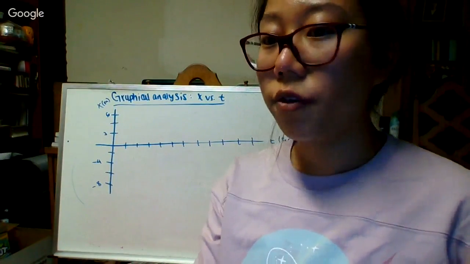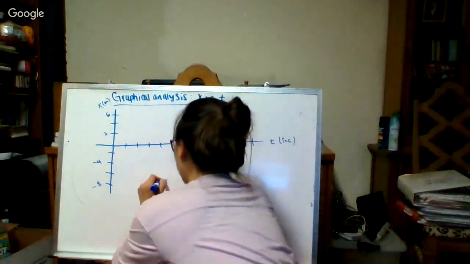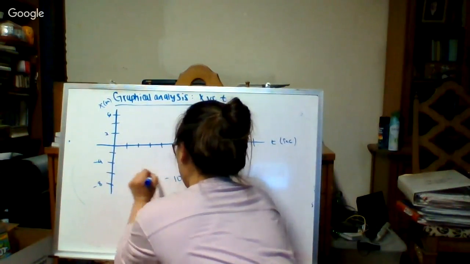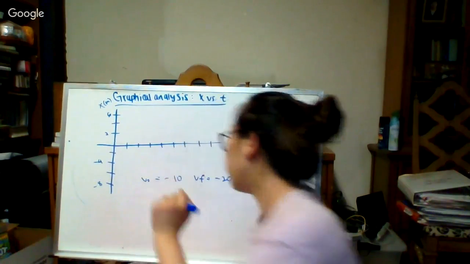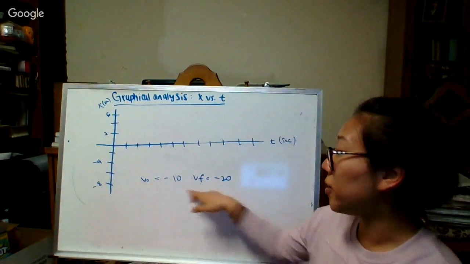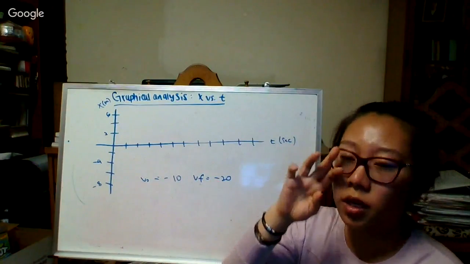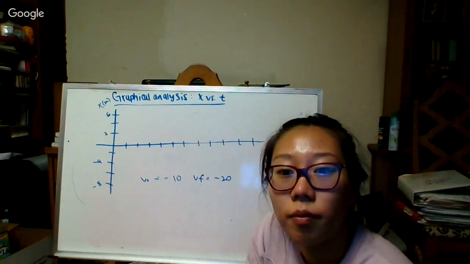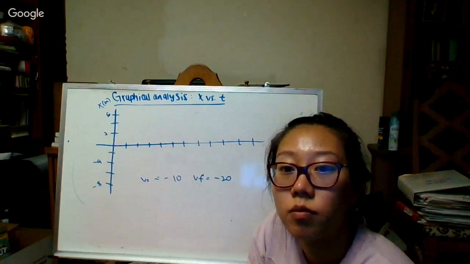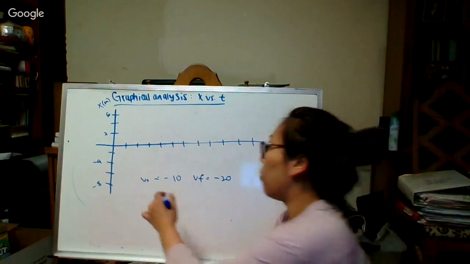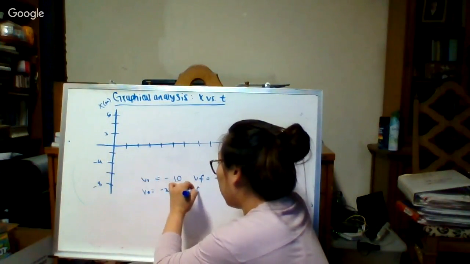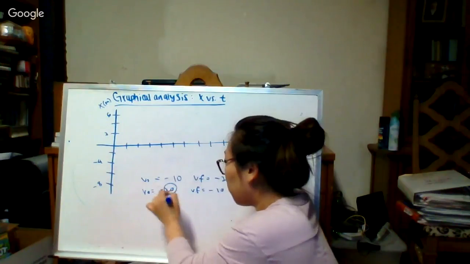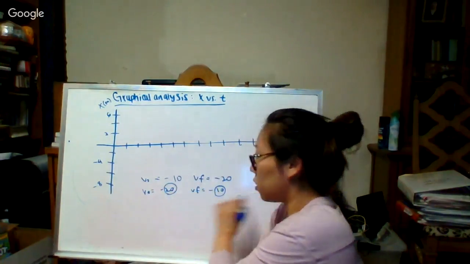So if you have, say, negative 10 as your initial velocity and your final velocity is negative 20, that is speeding up because the numbers are getting bigger in magnitude. But if it was flipped, so the initial was negative 20 and the final was negative 10, this is going towards zero.